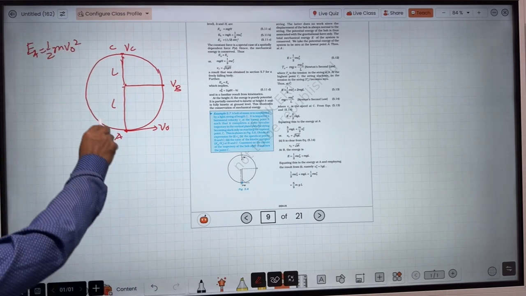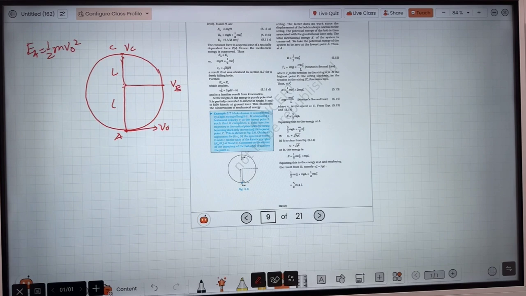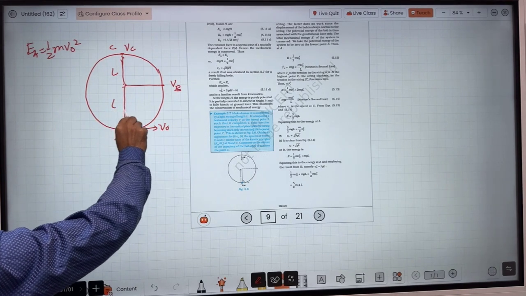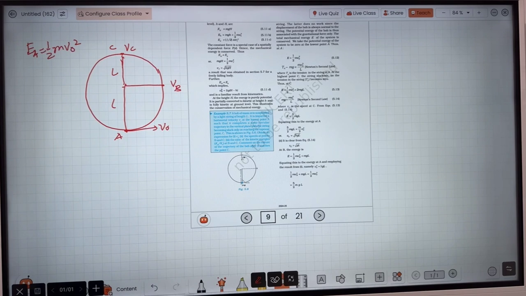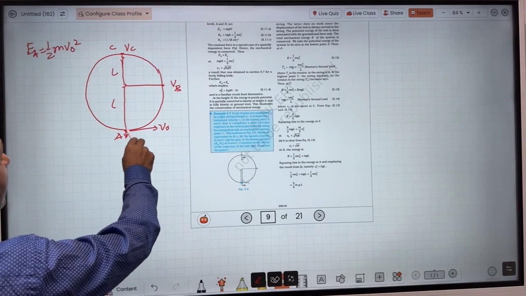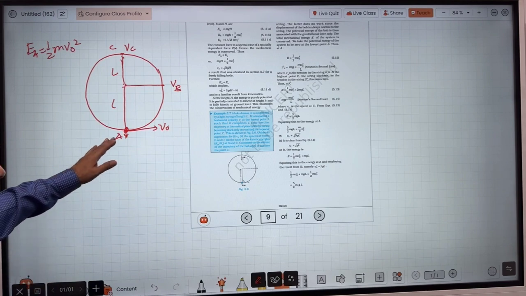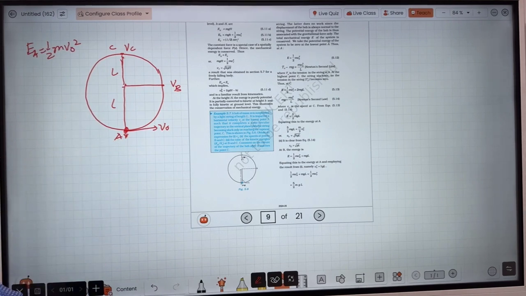Now, one more thing we are going to see here: what is tension? Here the body is moving in a circular path, which means there is centripetal force. Its weight will act in downward direction, this is the bob whose mass is m, and tension will be in upward direction.